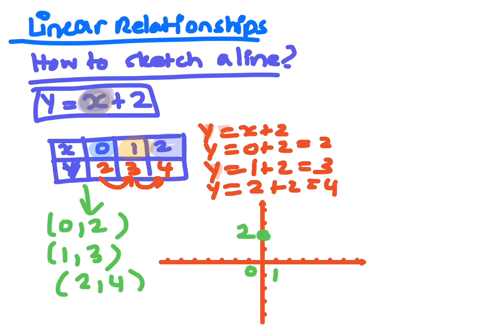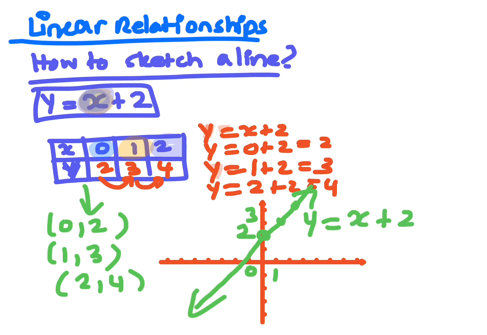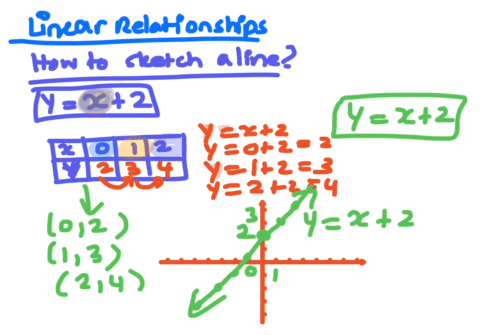Across 1, up 3, so that's there. And across 2 and up 4, so that's there. Then you just draw a straight line through it and put your label on it, y equals x plus 2. And for any point along that pattern, the y value is always 2 more than its x value.